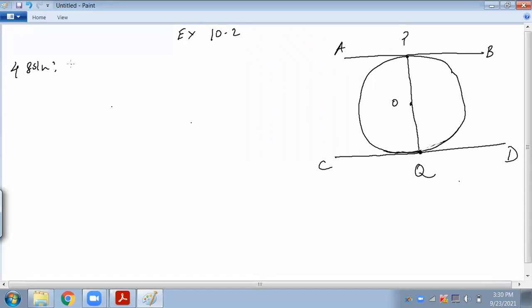Okay, so given is what? A circle with center O. Whenever there is a circle, you have to mention the circle and the center, center O.